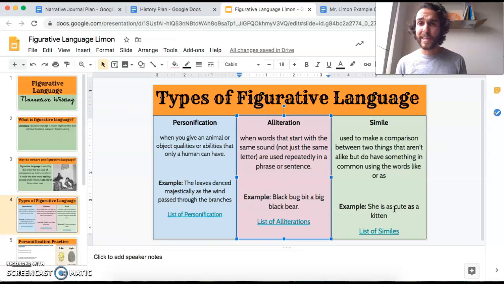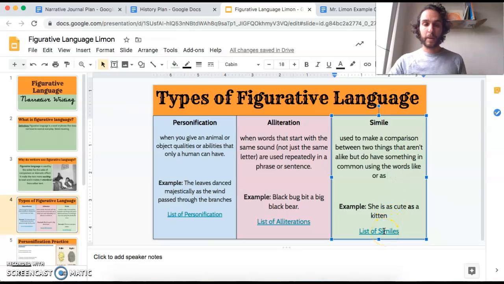That is a simile, right? So she, a girl, and a cat. Normally not related, but when we talk about how cute this particular girl was and how cute kittens are, then we can make them related using this keyword as. Right? So that's why up here it says like or as. We want to use those in our simile.